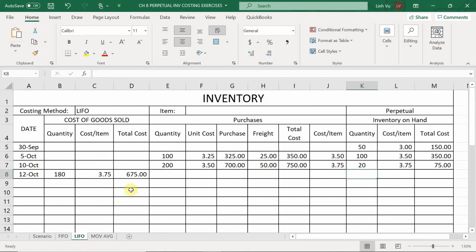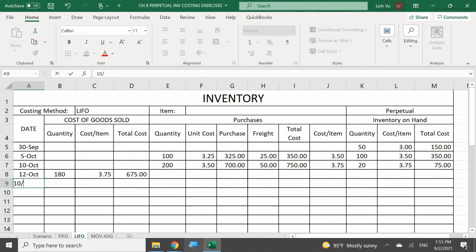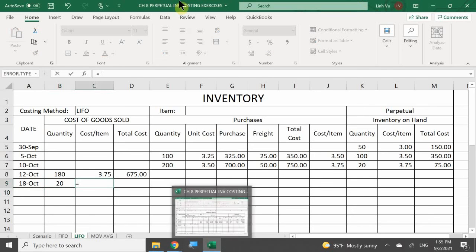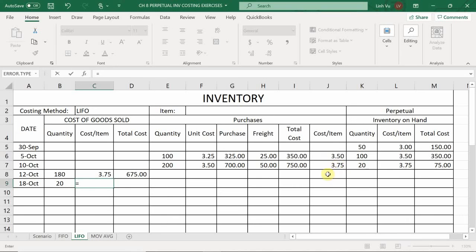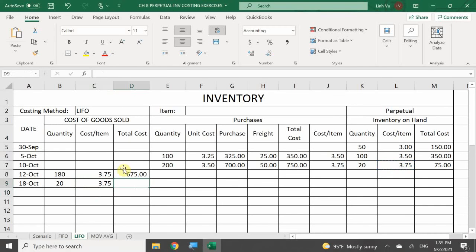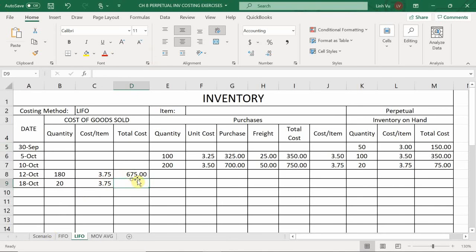So we sold 100 units. You take that last 20 at $3.75, so $75.